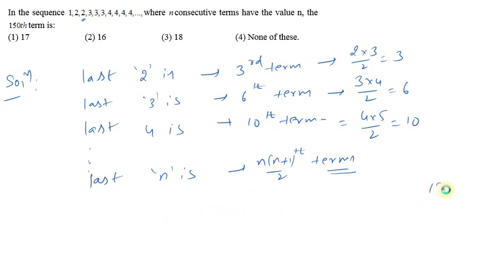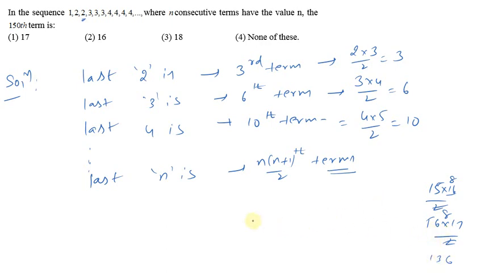15 into 16 by 2, 8 15s are 120. So you are very near, I think. Let me cross check one more. 16 into 17 by 2, and this is 8... You are very near.